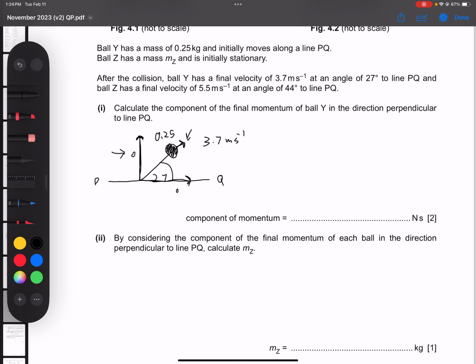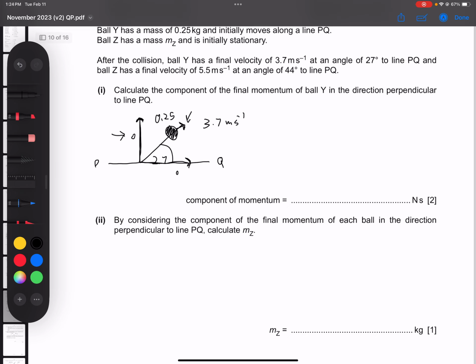So first we start by finding the vertical component of speed, right? So this is our resultant speed into sine 27. And if you want me to explain it, this is our hypotenuse 3.7, right? And this is our 27 degrees, and this is the way the ball is moving, by the way. And we need to find this bit, and sine theta is equal to the opposite side by the hypotenuse.